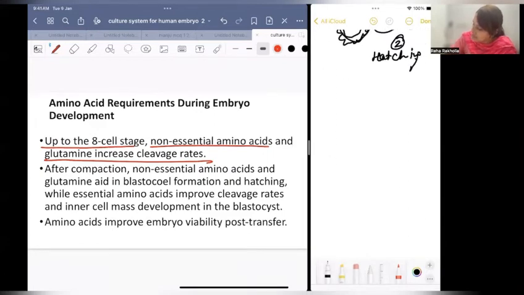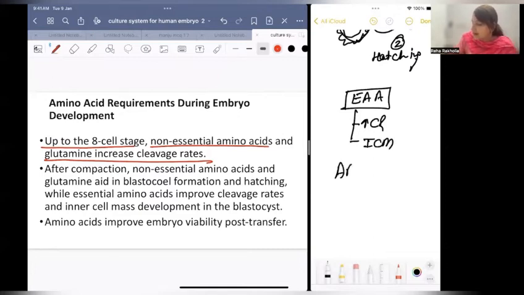And what do essential amino acids do in post-compaction? They improve the cleavage rate and inner cell mass development. Basically, amino acids improve embryo viability after transfer.